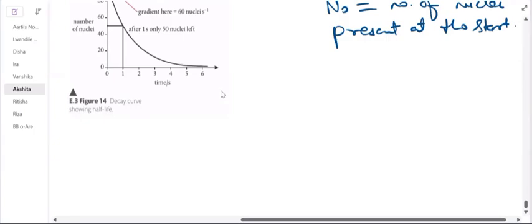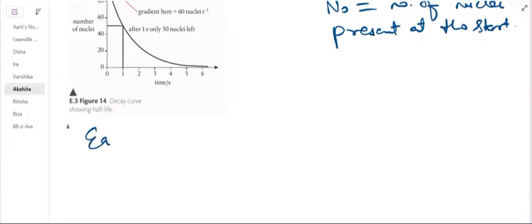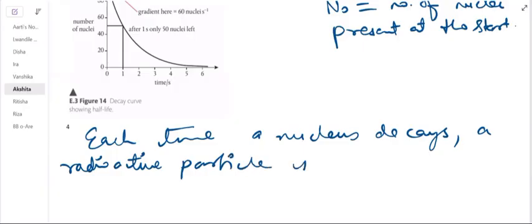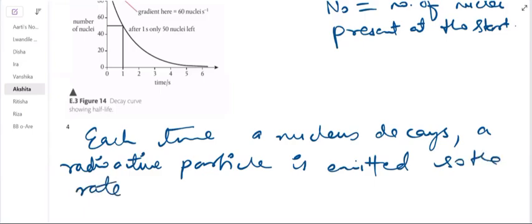Okay. So now, each time a nucleus decays, a radioactive particle is emitted. Okay. So the energy is released obviously.